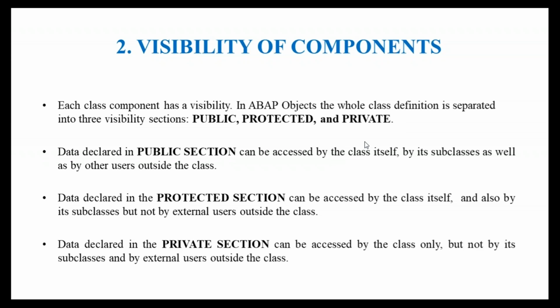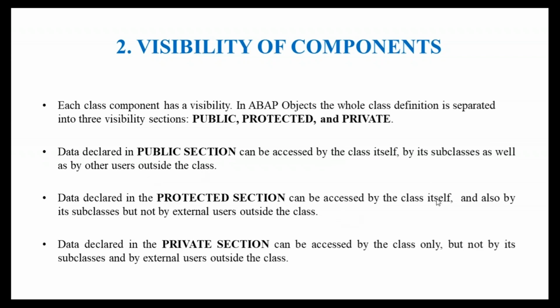The visibility sections of a class will be there in the definition part of a class. In the definition part, we can declare everything under the public section, protected section, and private section. If you declare anything in the public section, it can be accessed by the class, its subclasses, and outside the class also.